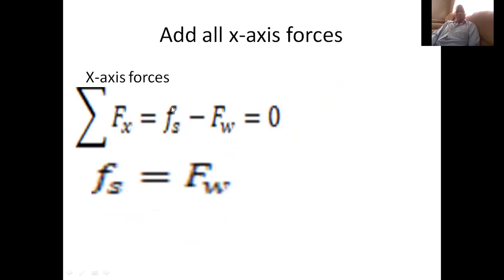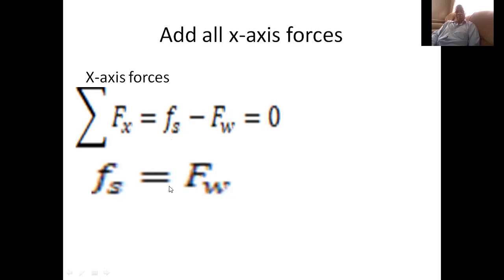So the frictional force, which is static, when added to another force which is opposing it, should be equal to 0. If you equate this, it means that the frictional force would be equal to the force on the other side, which is exerted by the wall.